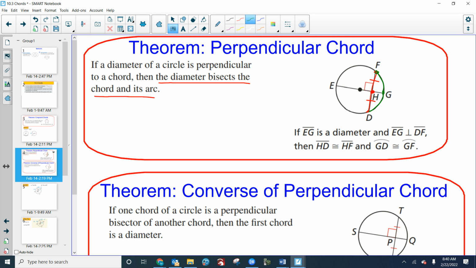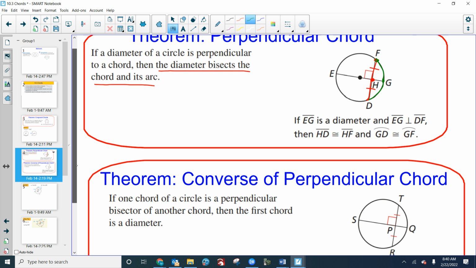Converse, remind yourself, converse means the hypothesis and conclusion have switched. So if you see those red segments congruent, or if you see those green arcs are congruent, then what kind of angle must be forming the diameter and the chord? A right angle, correct? So that's the converse down here.